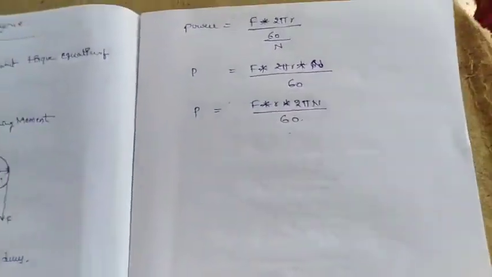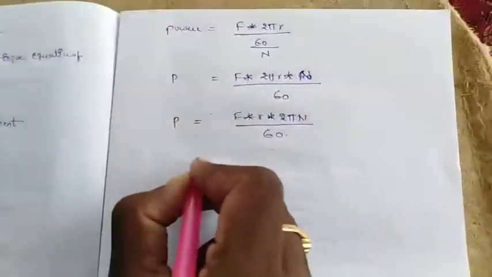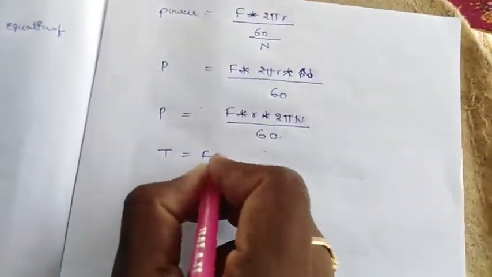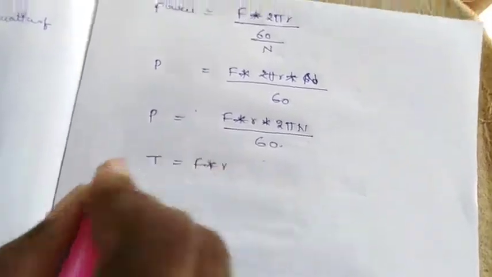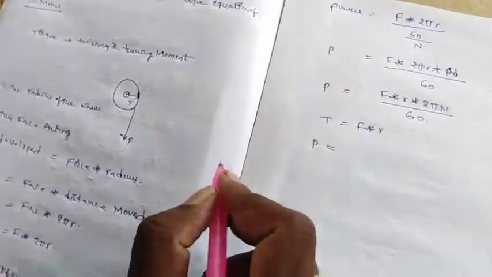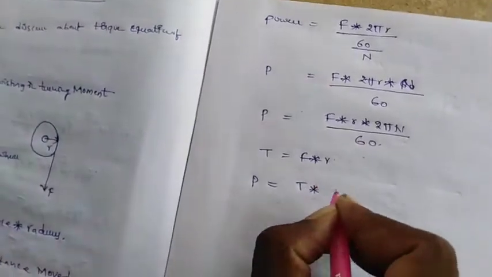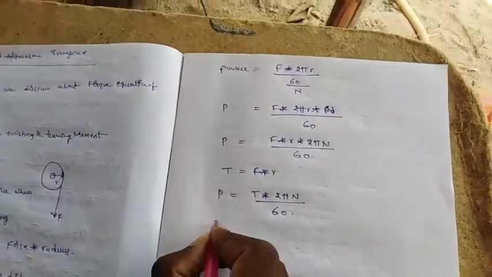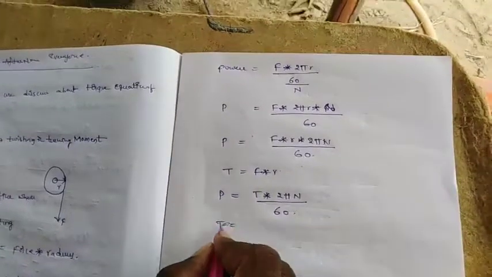We can replace torque equal to F into R. Power P is equal to T into 2 pi N divided by 60.